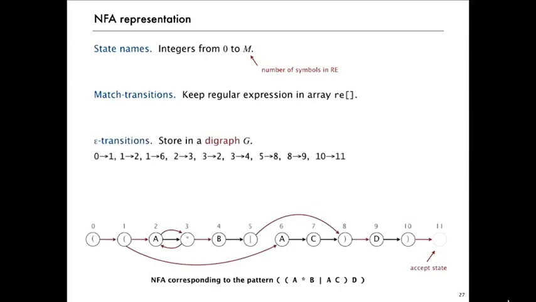And then the next thing is the epsilon transitions. Since there might be multiple edges leaving from any given state, and it's directed, it always says go from this state to another one, we'll use a directed graph. So we just have a bunch of edges with given vertex names. And that's convenient.